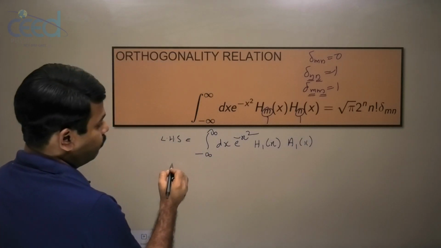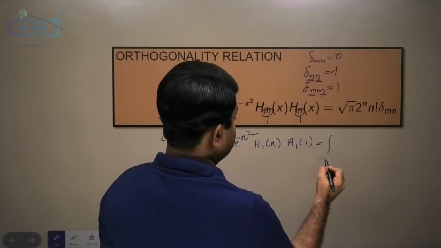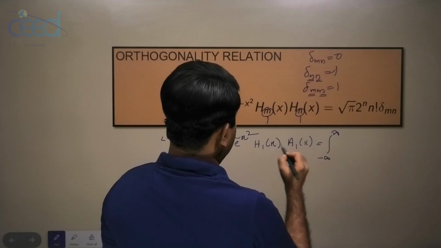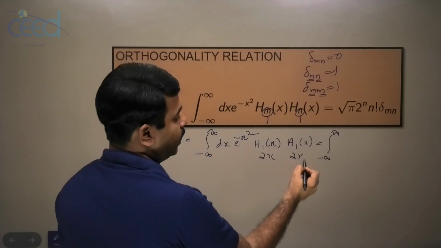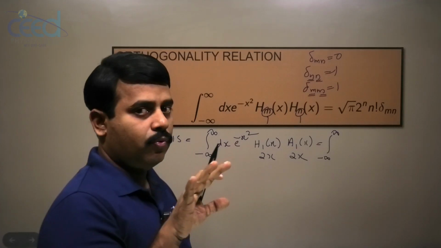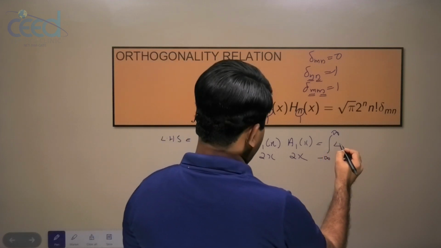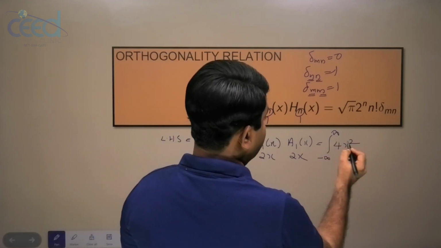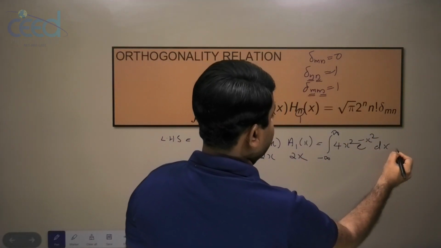Then I am solving the LHS first. h1 of x is 2x, h1 of x again 2x, right. The h1 of x value we derived is 2x. Then what can I write? 4x square e raised to minus x square dx, right.